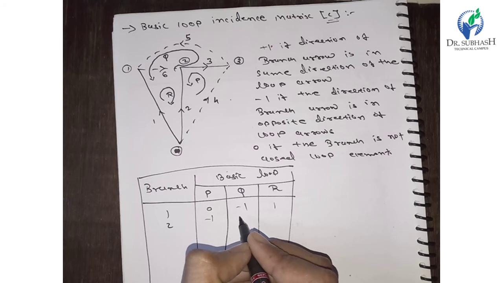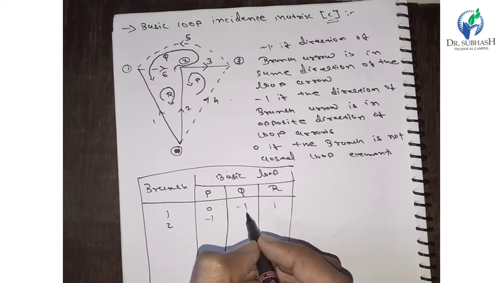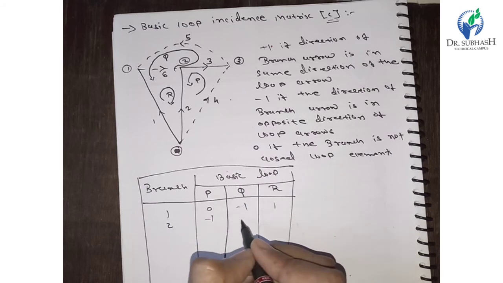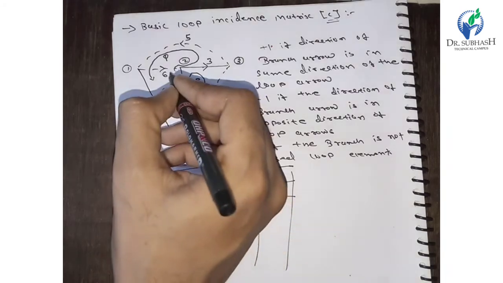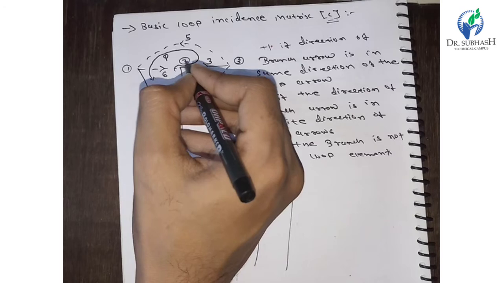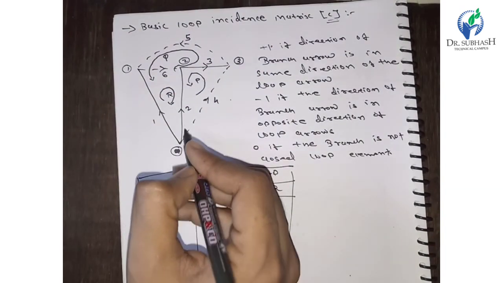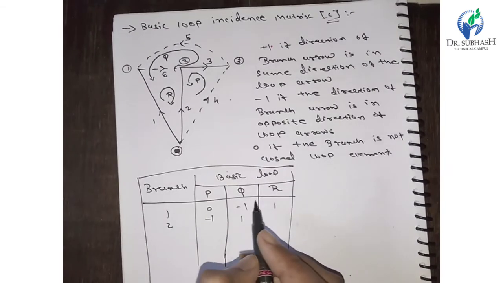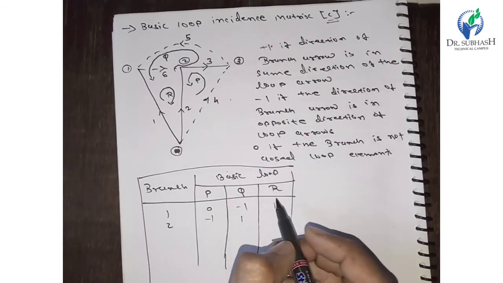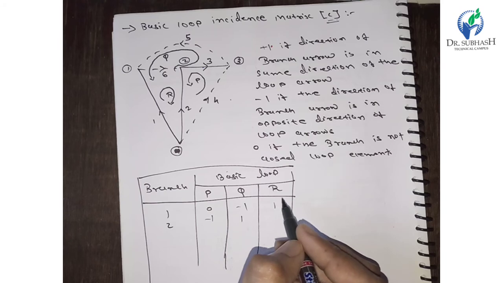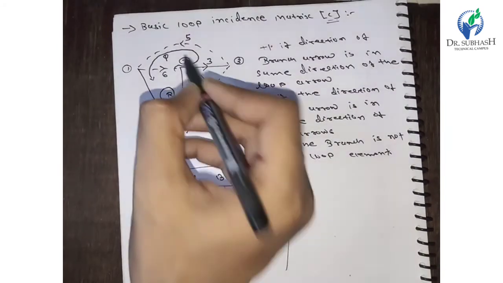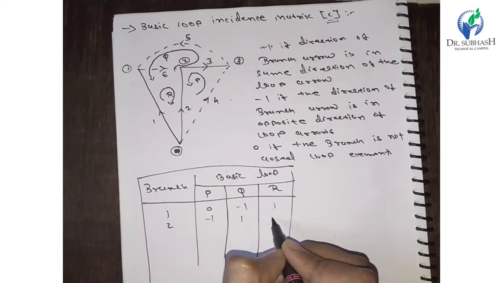In basic loop Q, it is in the same direction with them, so the output is 1. In basic loop R, it is also in a reverse direction with branch 2, so the output is -1.